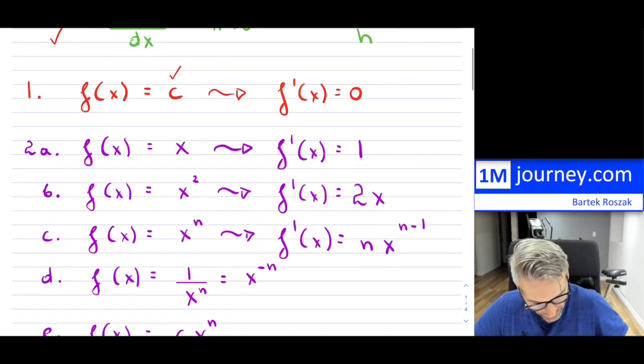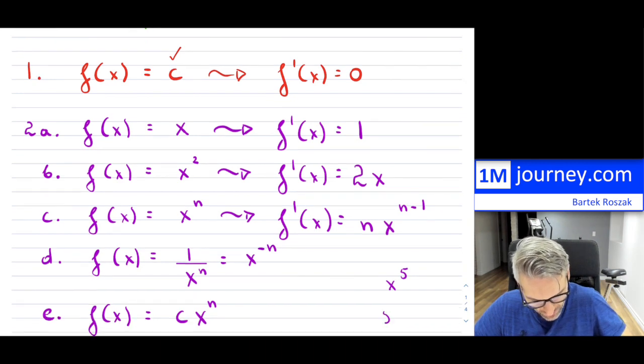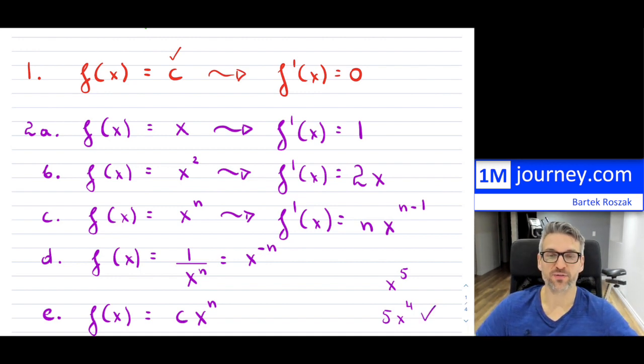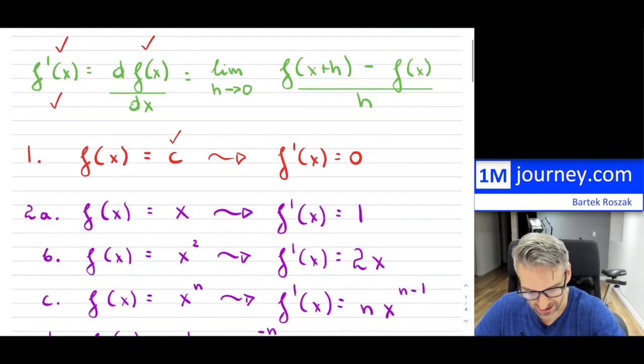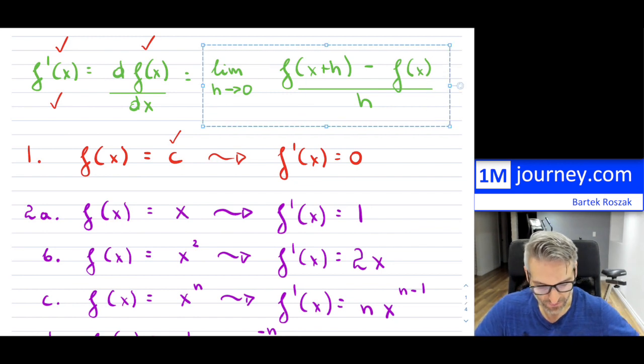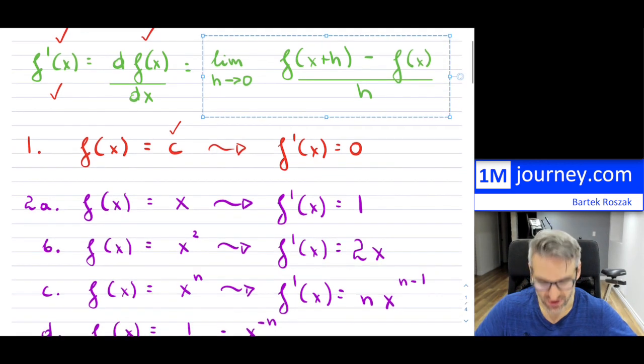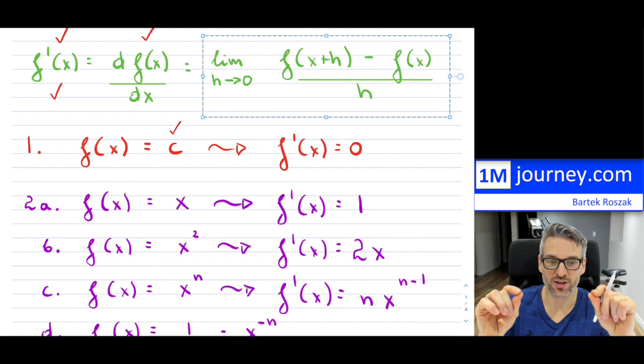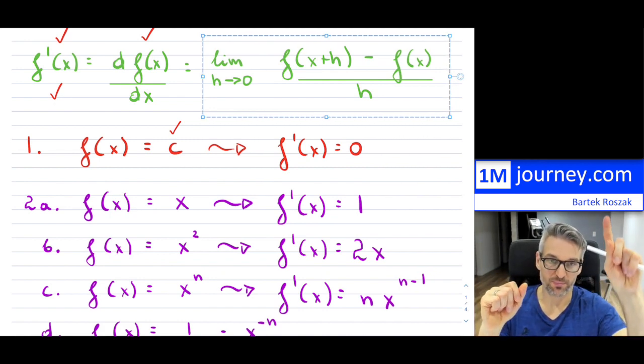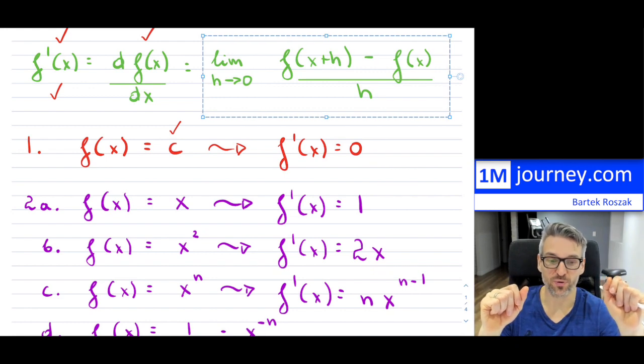So for instance, if I had x to the 5, then my derivative would become 5x to the 5 minus 1, which is 4, and that is my derivative. Now you might say, well, that's shocking. How does he know that? Again, it does indeed come from here. If you are interested in seeing why that's the case, I'm going to put up a link above to the entire proof.